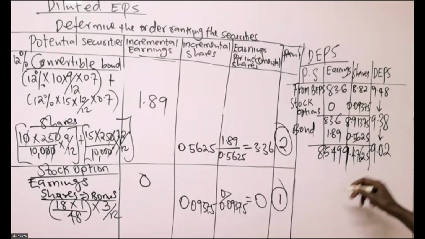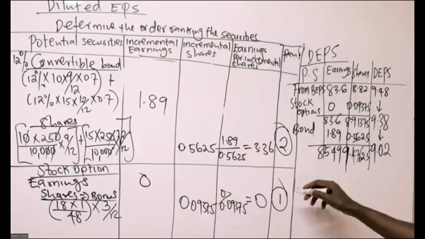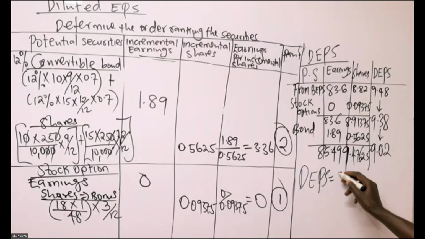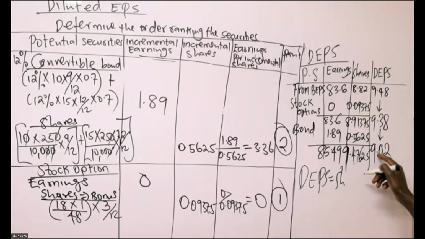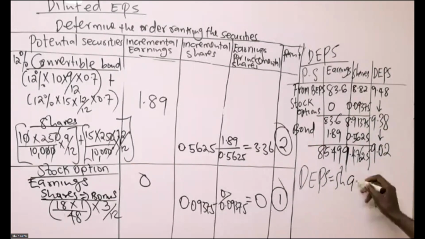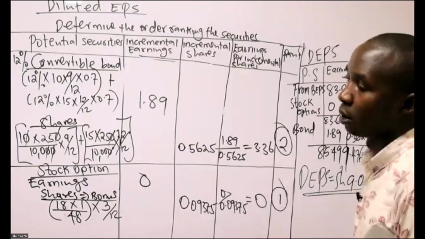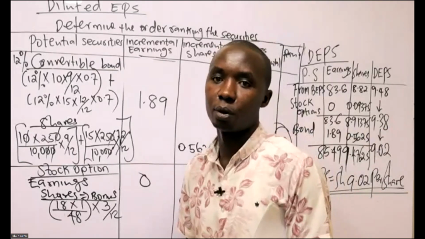So you can see it's reducing. So my diluted earnings per share is now 9.02 per share. That is how you do it, and that is how you are supposed to do this question.